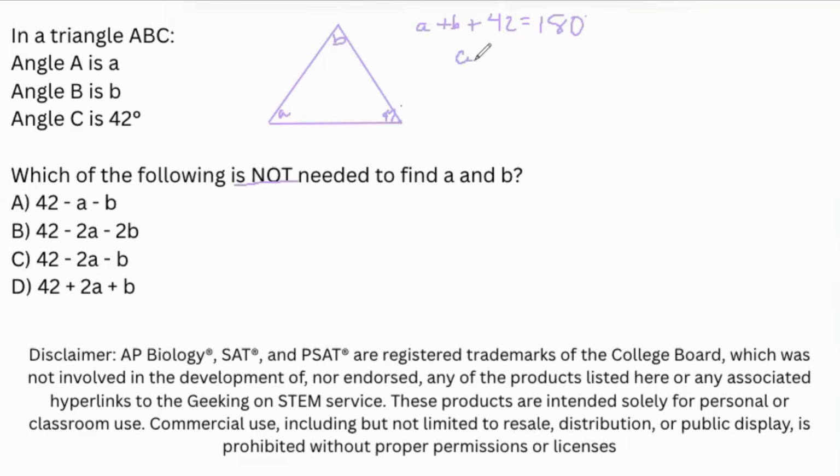A plus B will give you 180 minus 42, which is 138. So we know that these two angles now equal 138. Now, knowing this information, we have to postulate that we can get to those answers with these equations.